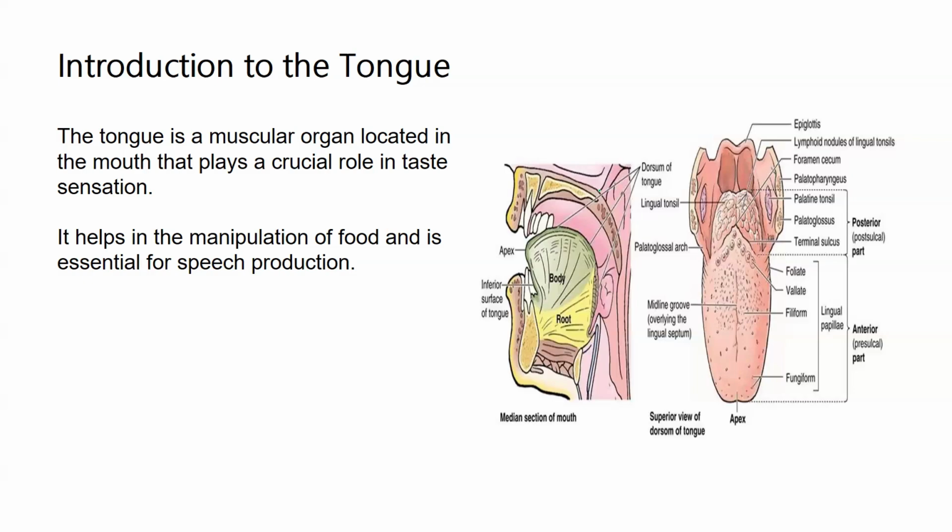While in the posterior part of the tongue, we have palatine tonsil, palatoglossus, and terminal sulcus.